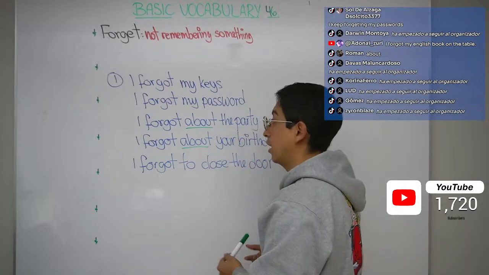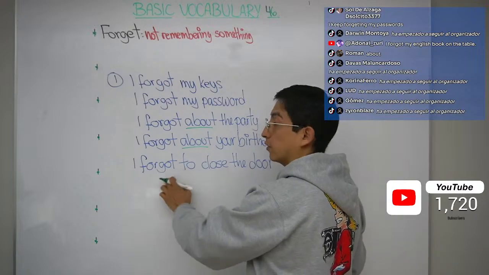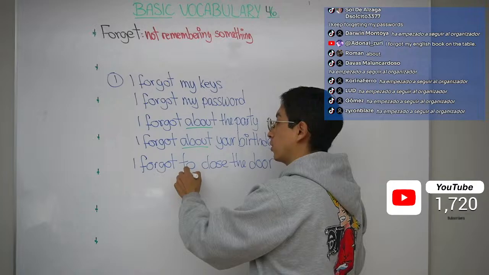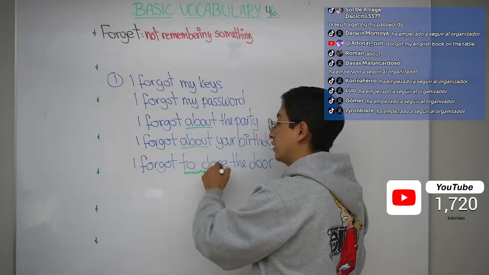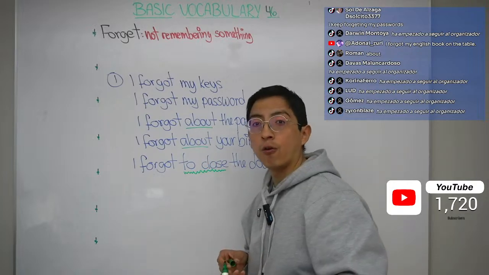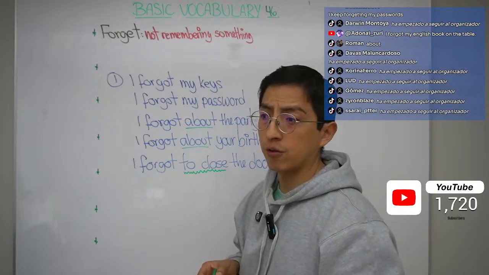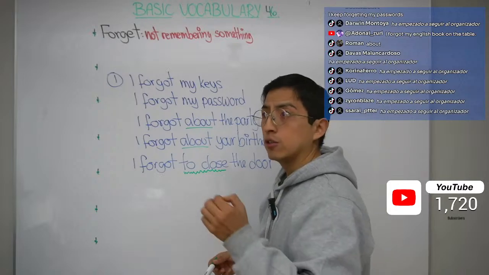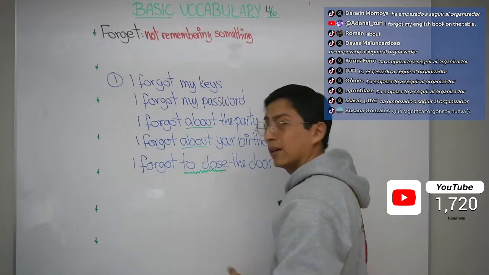Verb number one, forgot, simple past, right? This is verb number one. Verb number two, we're gonna use the infinitive form. And what is the infinitive form here? To close. Okay, I forgot to close the door.